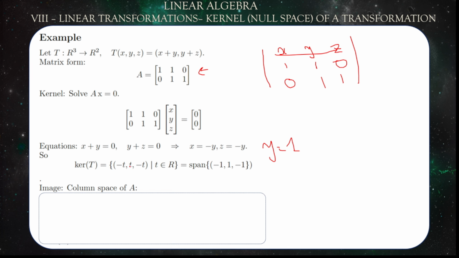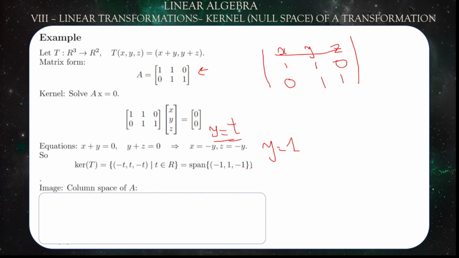So the kernel of T is, x, which is minus y, and y being the parameter, we take y equal to t. So x is equal to minus t, y is equal to t, and z is equal to minus y, which is minus t again, with t within R. So the kernel of T is the span of (minus 1, plus 1, minus 1), for t equal 1. And this is the kernel.